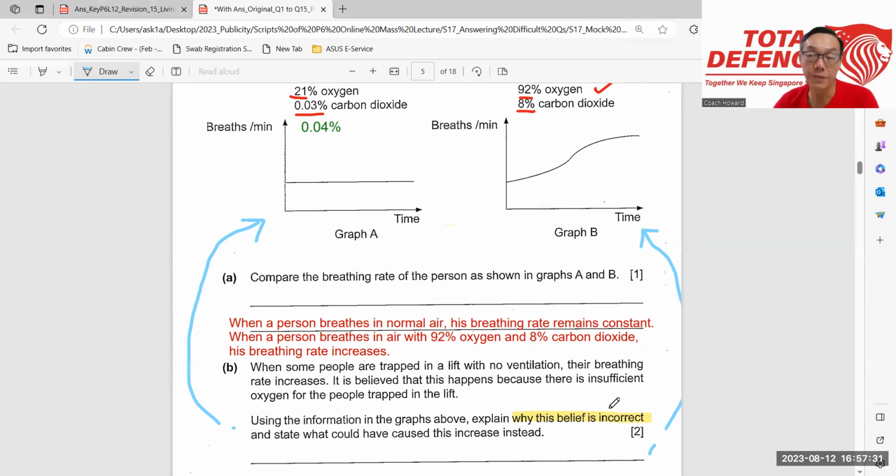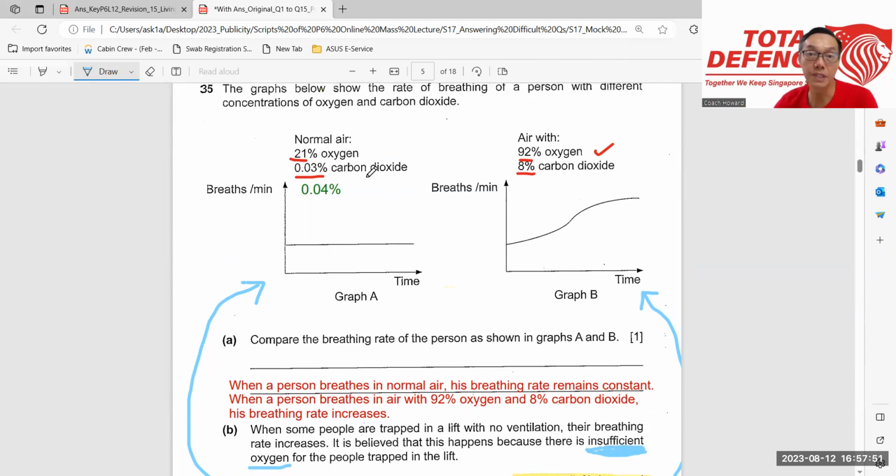So that means you must explain why the increased breathing rate of these people is due to insufficient oxygen. Your answer must tell me why this statement is incorrect. Perhaps not due to oxygen, maybe it's due to carbon dioxide.